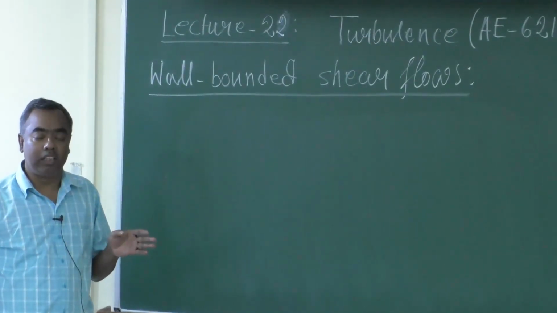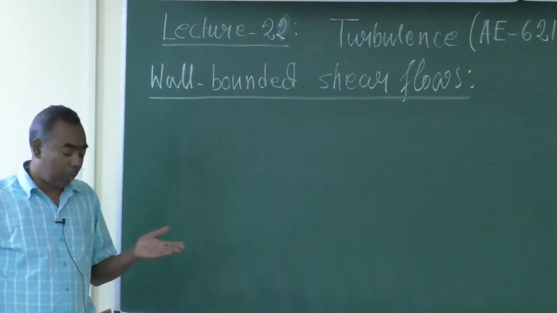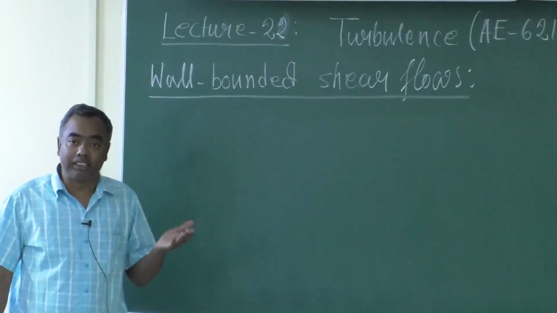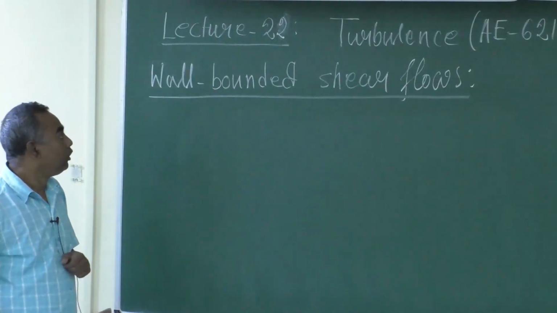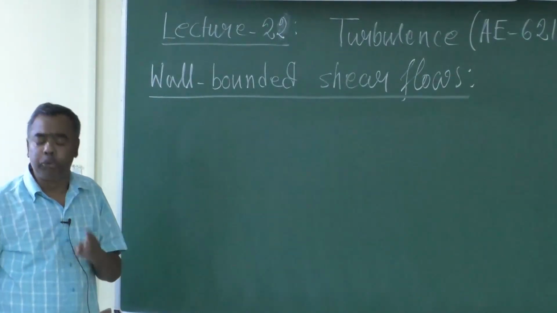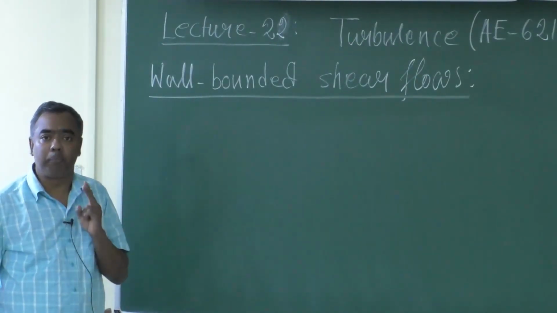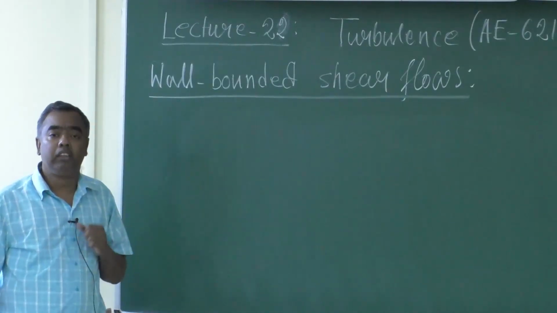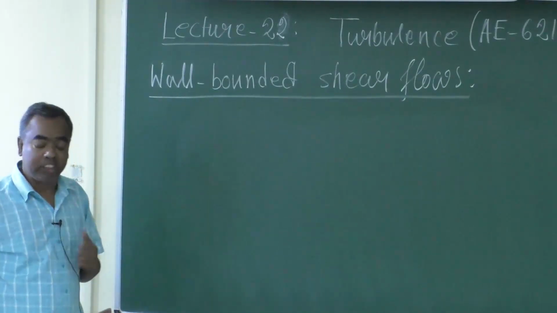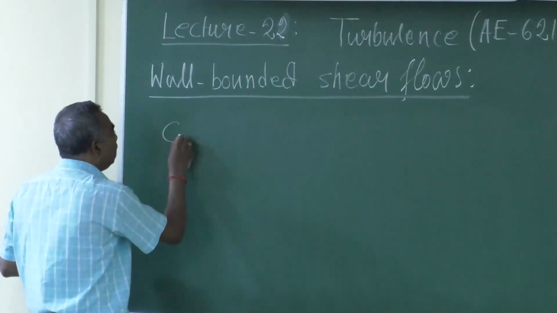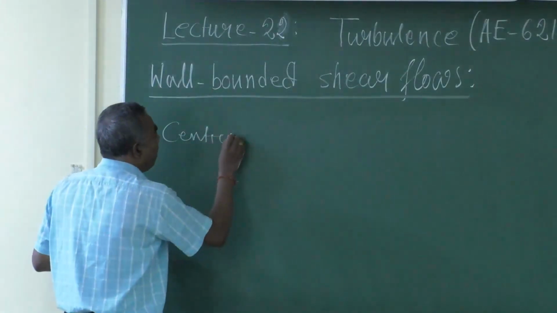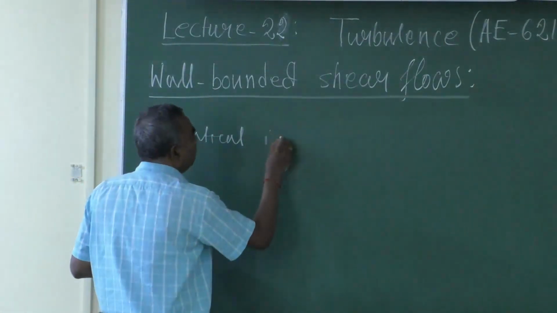So, we have to find out what the skin friction at the wall is for this sort of flows. The central issues for these wall bounded flows are the mean velocity profile and the friction law.